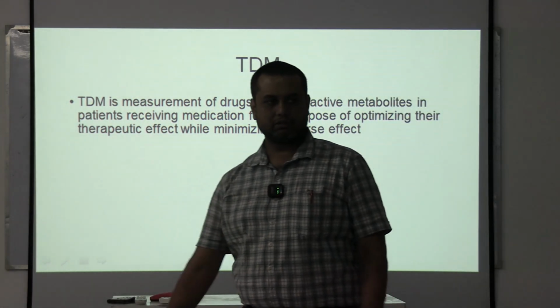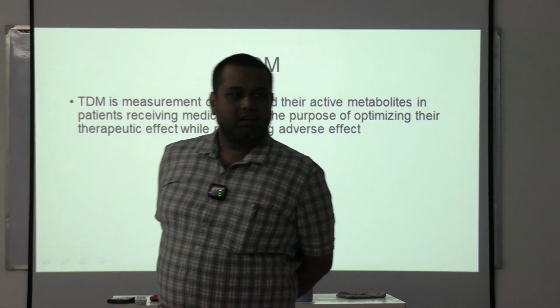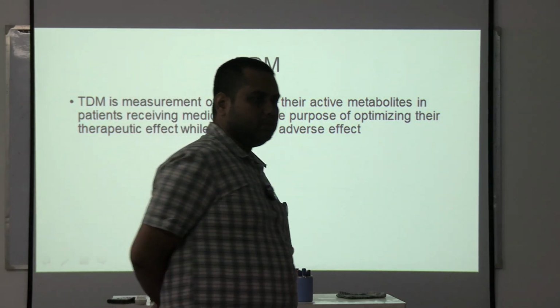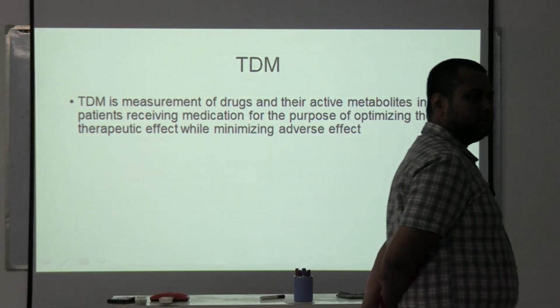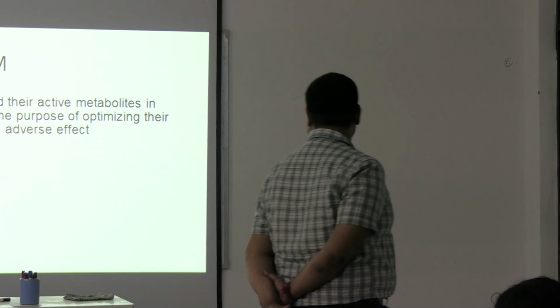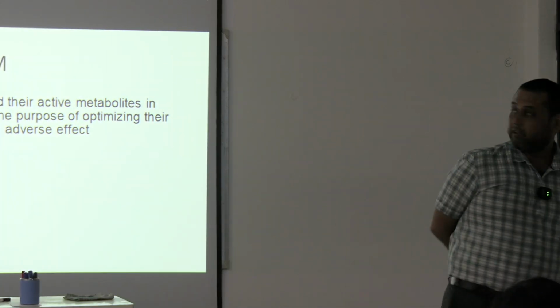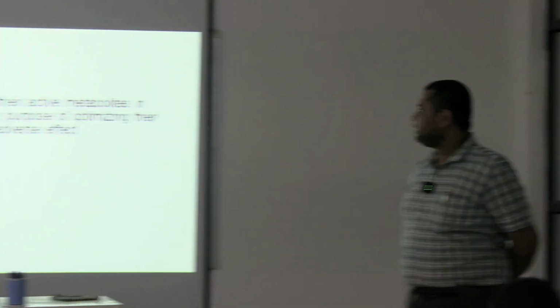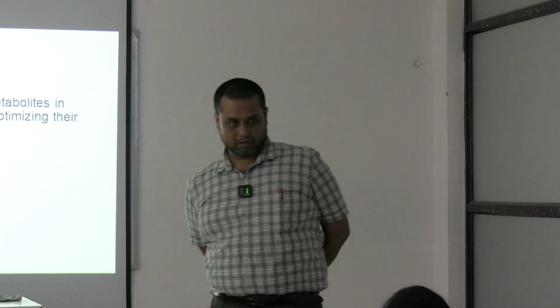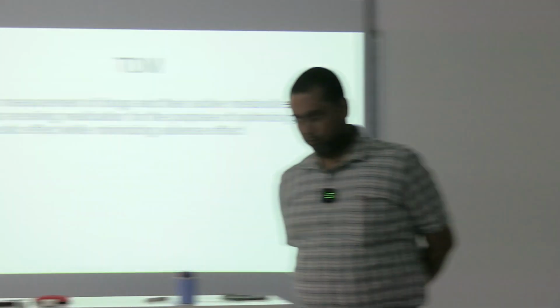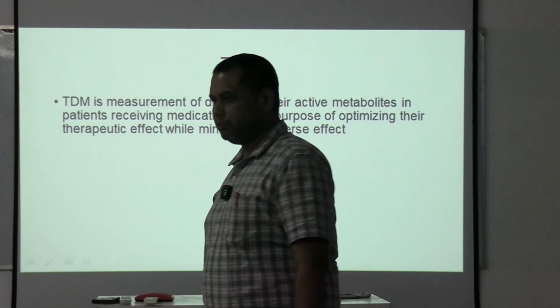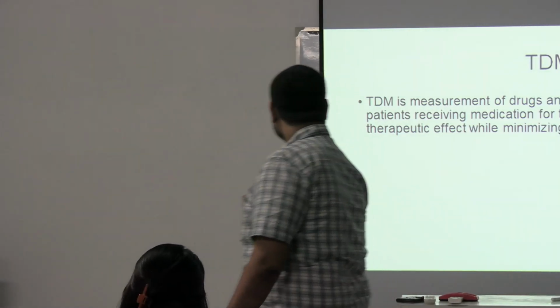Plenty of new faces. Alright, in that case we need to measure the active metabolite for the purpose of optimizing their therapeutic effect, to produce maximum therapeutic effect and minimizing adverse effect.